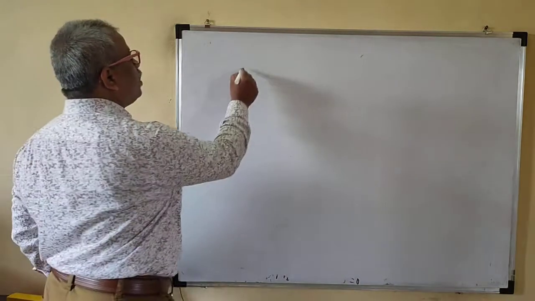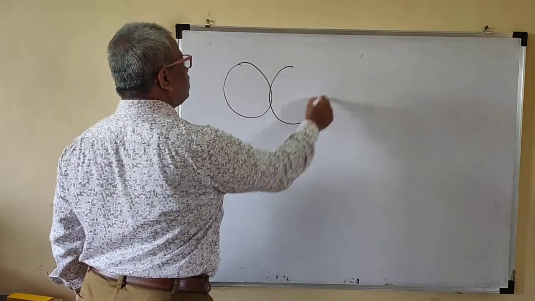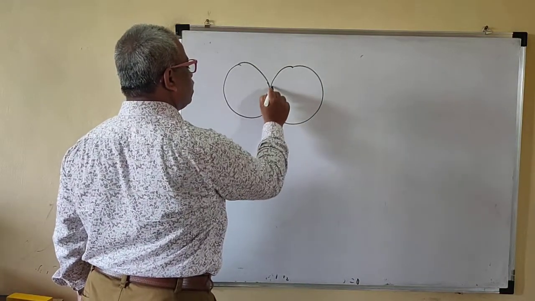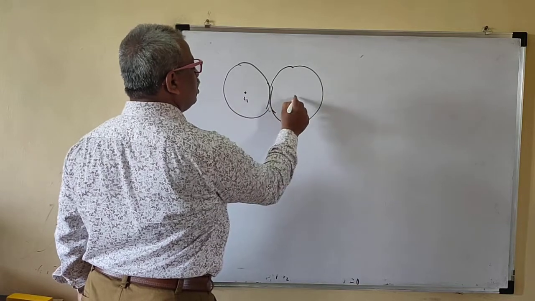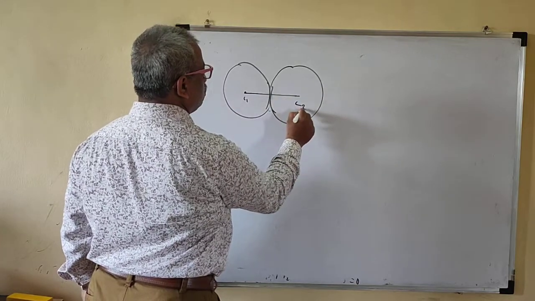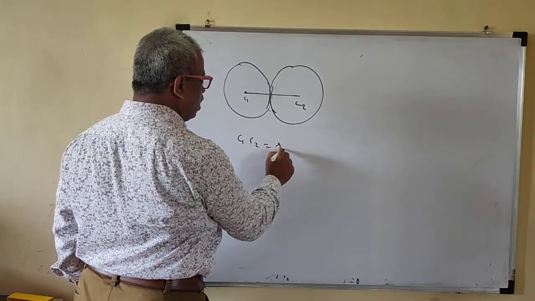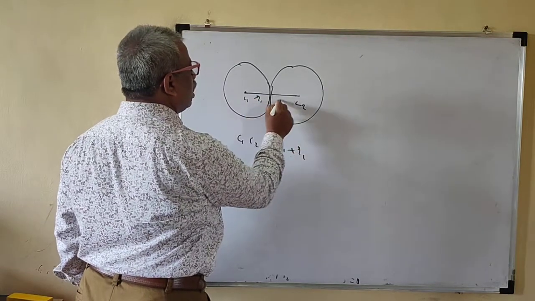Okay, if two spheres touch externally, then this is C1 and this is C2, and C1C2 is nothing but R1 plus R2.